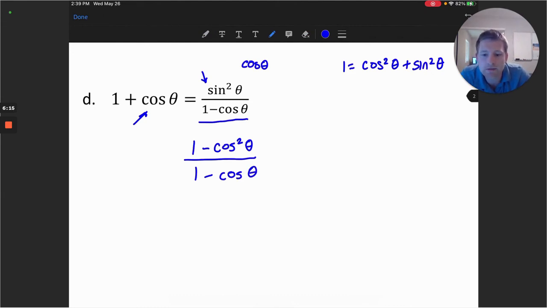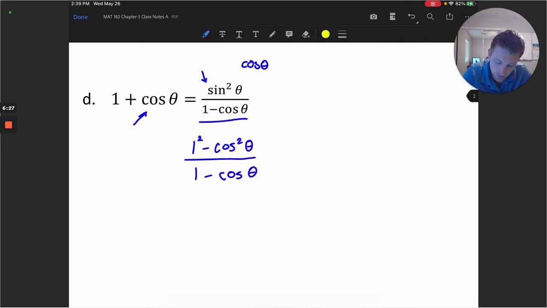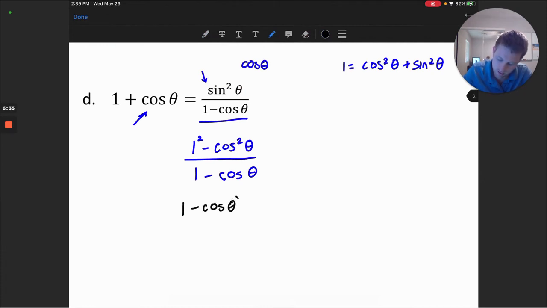And again, in this case, we can use a difference of squares technique. Notice that we could rewrite 1 as 1 squared here. And so we do have a difference of squares in the numerator. So let's rewrite those. This is the same as 1 minus cosine theta and 1 plus cosine theta divided by 1 minus cosine theta.